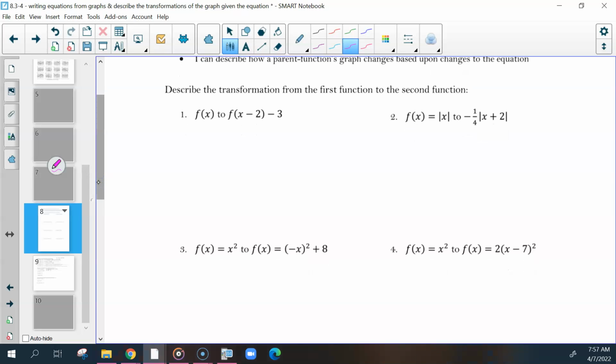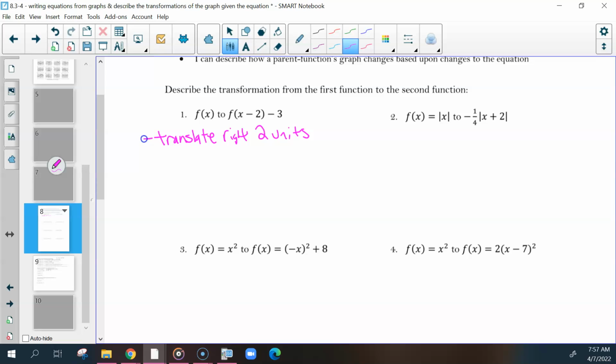For number 1, we see 2 things happening, one on the inside, one on the outside. On the inside, what would that be doing? Moving left 2, but we're going to be very specific. It's translating left 2 units. I'm sorry, not left, right. Because it's opposite.